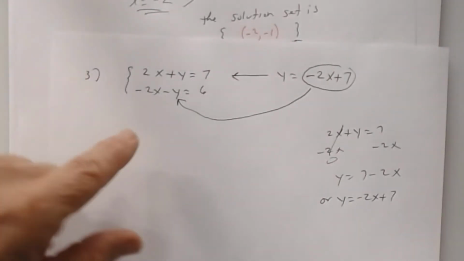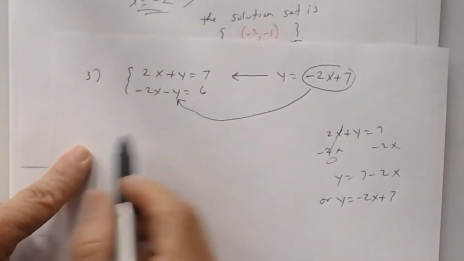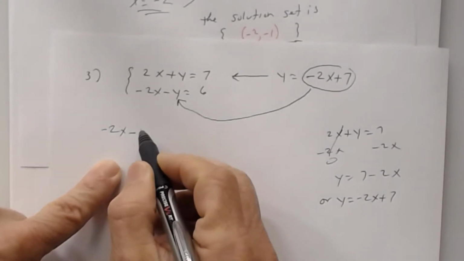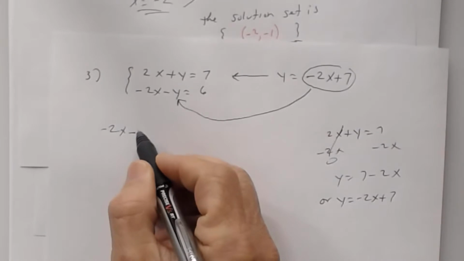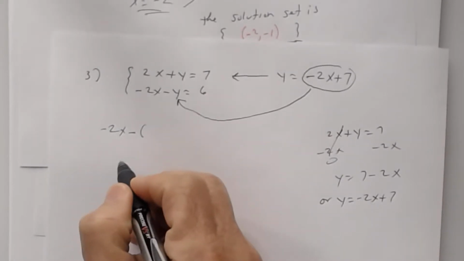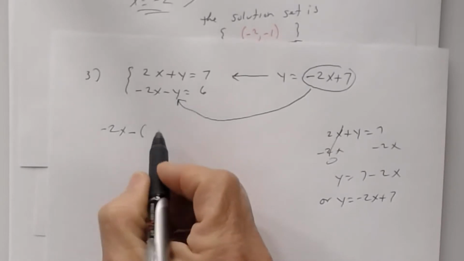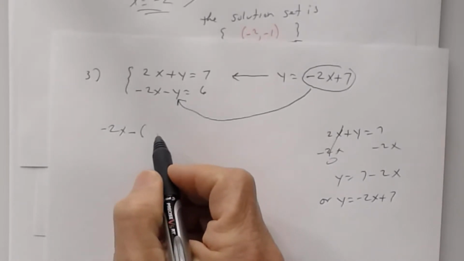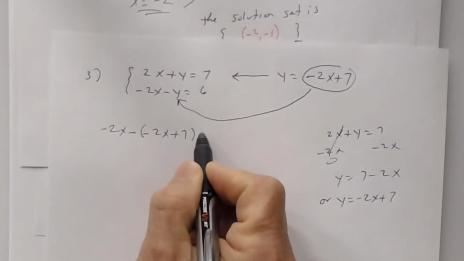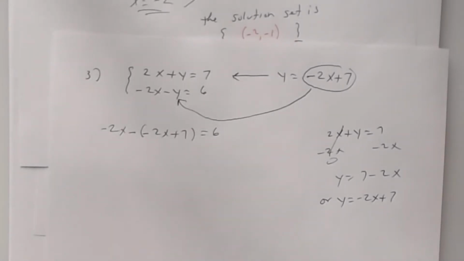Now, when you get over here, you're going to say negative 2x minus, and then what are you going to put? Okay, you could say minus 1, but you're definitely going to need a what? Parentheses. Because you're going to substitute an expression in here, so you need parentheses, just like you did in the previous two examples. And so I'm going to get negative 2x minus 1 times the quantity negative 2x plus 7 equals 6, correct?